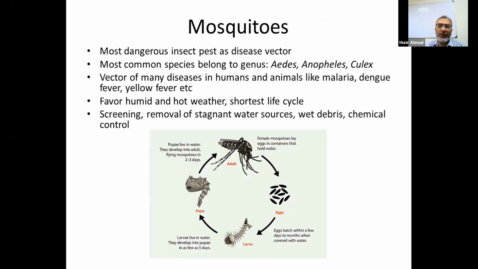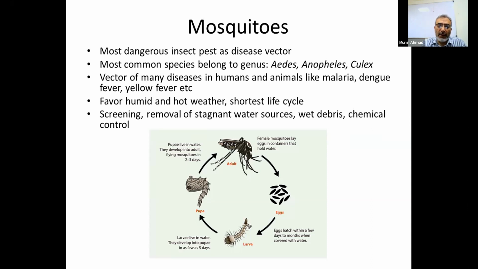So I will just briefly introduce them, because it will be out of scope to discuss in detail. The most dangerous insect pest as a disease vector is the mosquito. The most common species belong to different genera: Aedes, Anopheles and Culex.